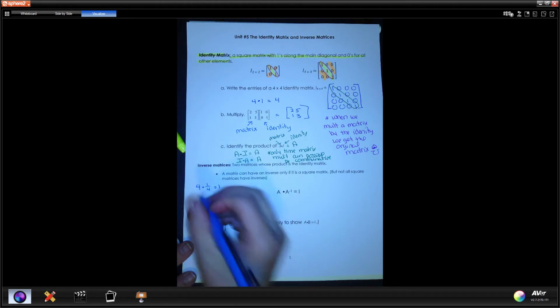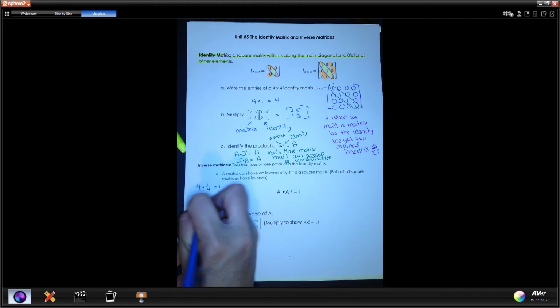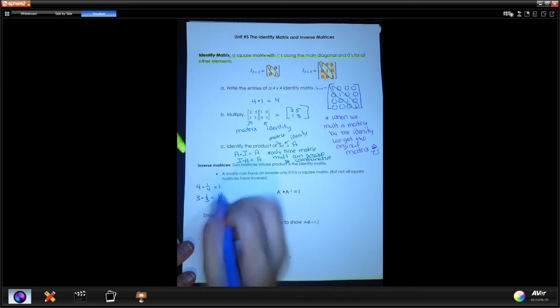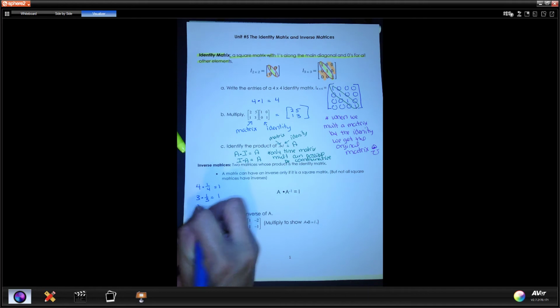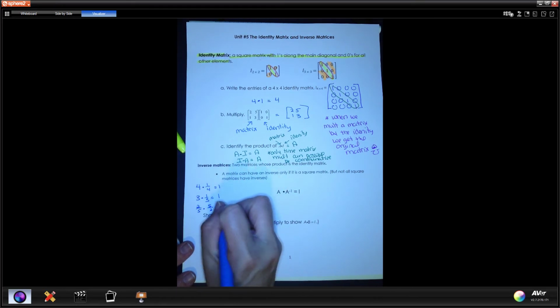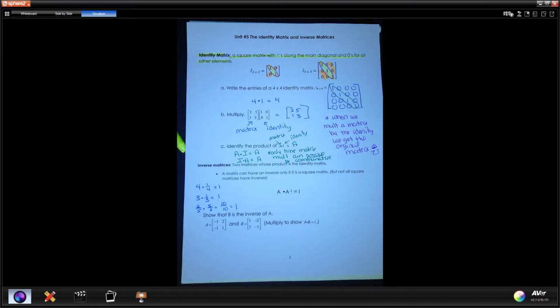If we went 3 times 1/3, that product is also 1. If we went 2/5 times 5/2, that is going to be 10/10, which is still 1.